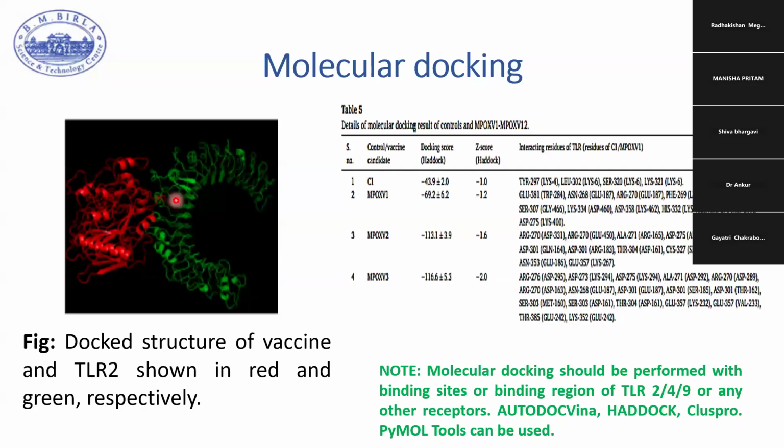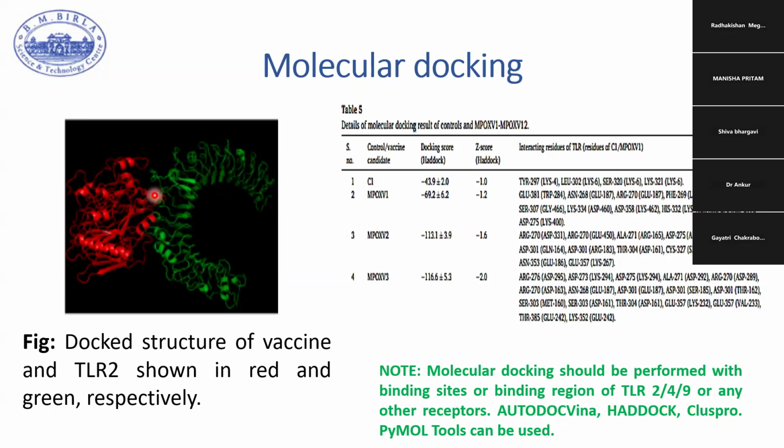Here you see, this is the toll-like receptor. And most of the time, I have seen the students just interact randomly anywhere. We don't have to use that kind of method. We always have to use the specific particular region that is surface exposed and that is specifically made for binding, or you can say the binding site location.